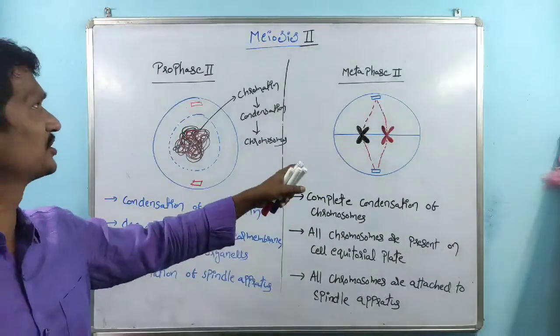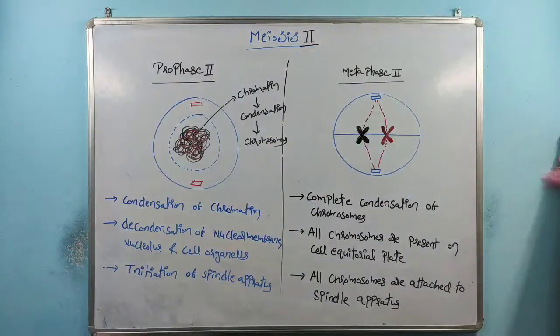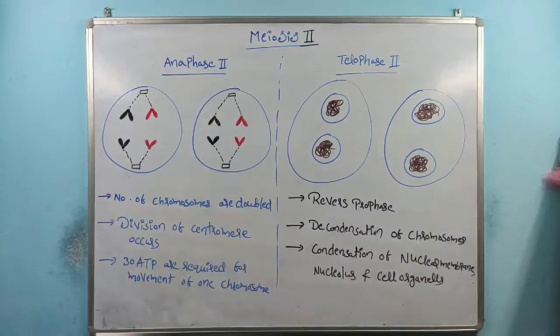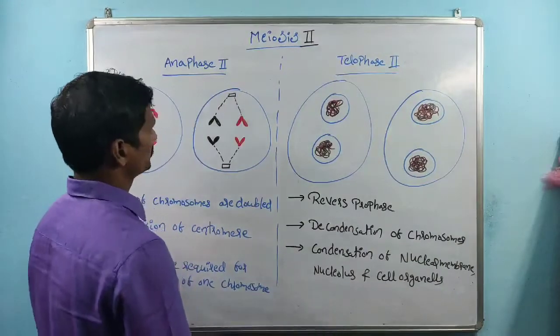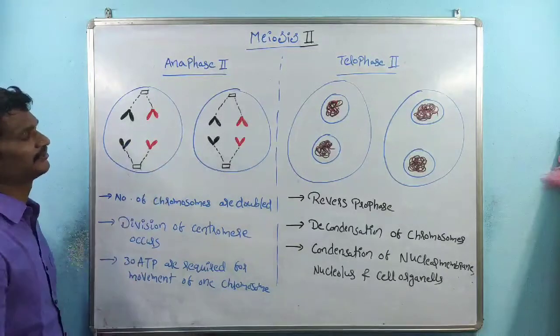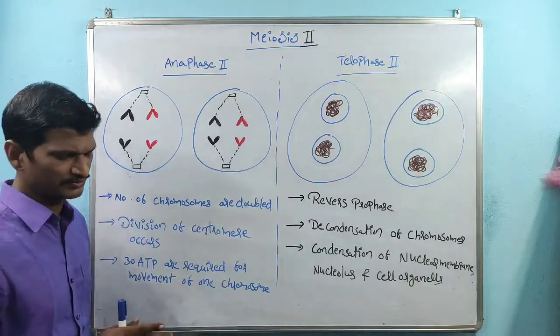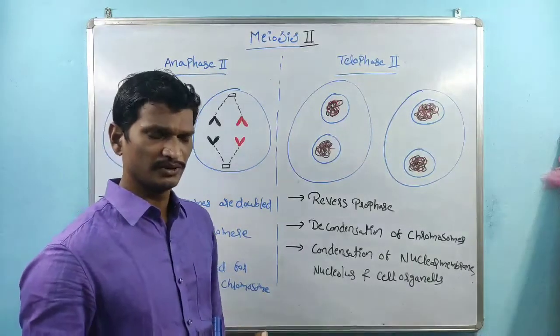Right? Next we will discuss anaphase 2 and telophase 2. Coming to the next one is anaphase 2. Within anaphase 2, we know the process, but this is the only difference from anaphase 1.